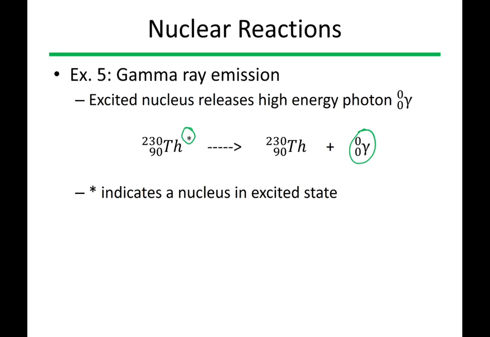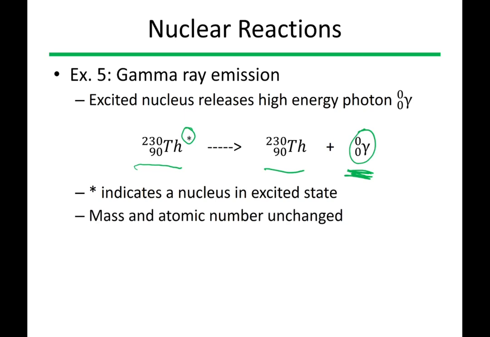So what this equation is just saying is that we have an excited thorium, and as it relaxes, it's going to release a photon. We've seen this before, talking about emission of photons from other excited states back in our first part of chemistry when we talked about excited nuclei, and then we also talked about it a bit when we were talking about metal compounds.